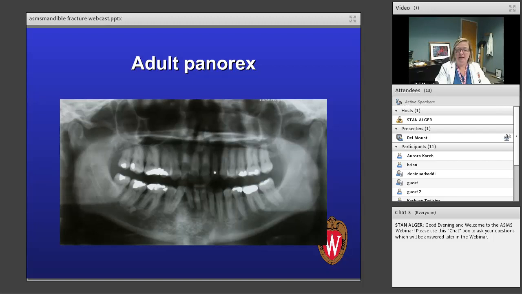Also key in the Panorex is the fact that you can see the health of the tooth roots themselves. You can see if they're injured, if there's a periapical abscess. You can see the restorations and dental care that this patient has had before. So for a very inexpensive x-ray, this is quite nice.